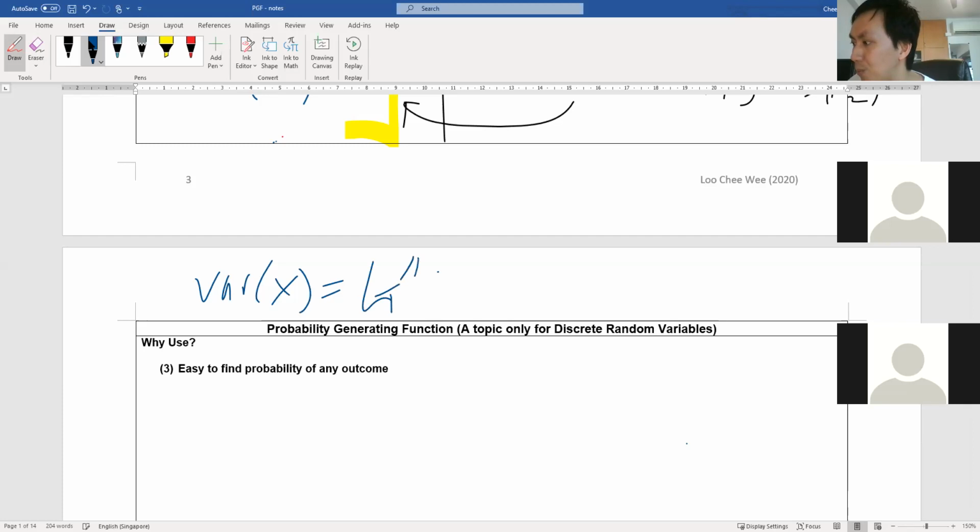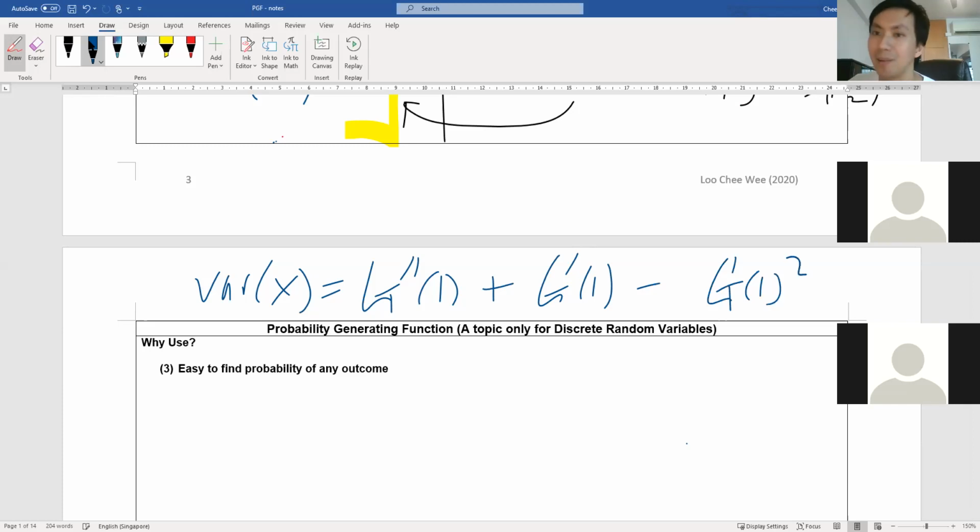G double prime 1 minus G prime 1 minus G, sorry, this is plus, minus G prime 1 squared. Okay, so I will not prove this formula also. So this thing here actually refers to your, this is your EX squared.